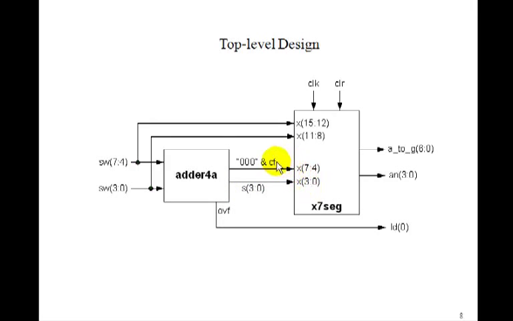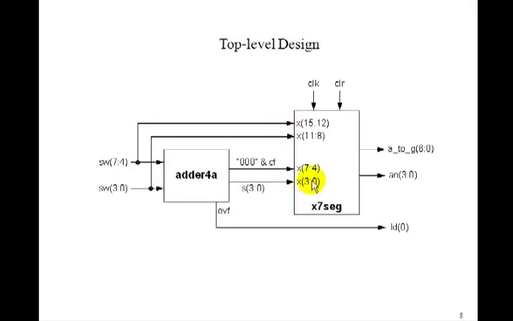For the next digit, we'll take the carry flag, add 3 leading zeros, so if you get a 1, it will show up as the carry flag in X4 here. And then we'll show the switch numbers actually on the leftmost 2 7-segment displays. So switch 7 down to 4 goes into the high 4 bits of X, and then switch 3 down to 0 goes in the next 4.